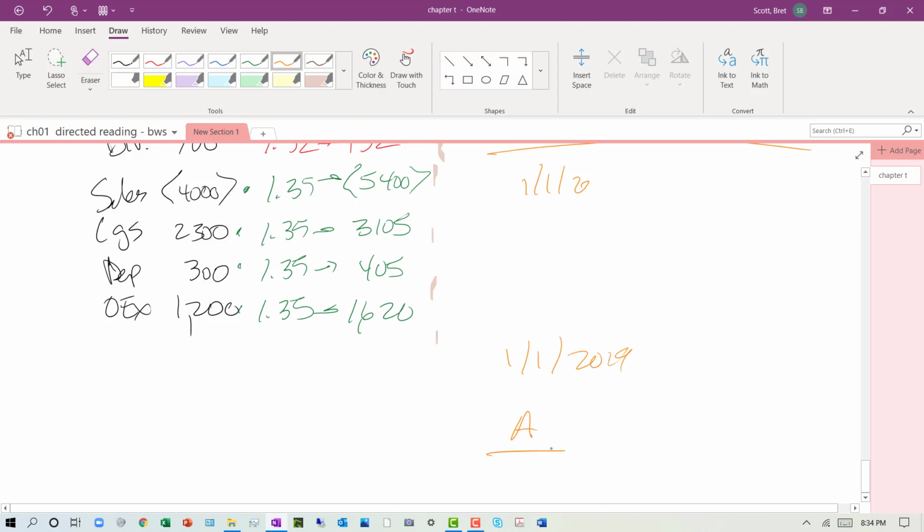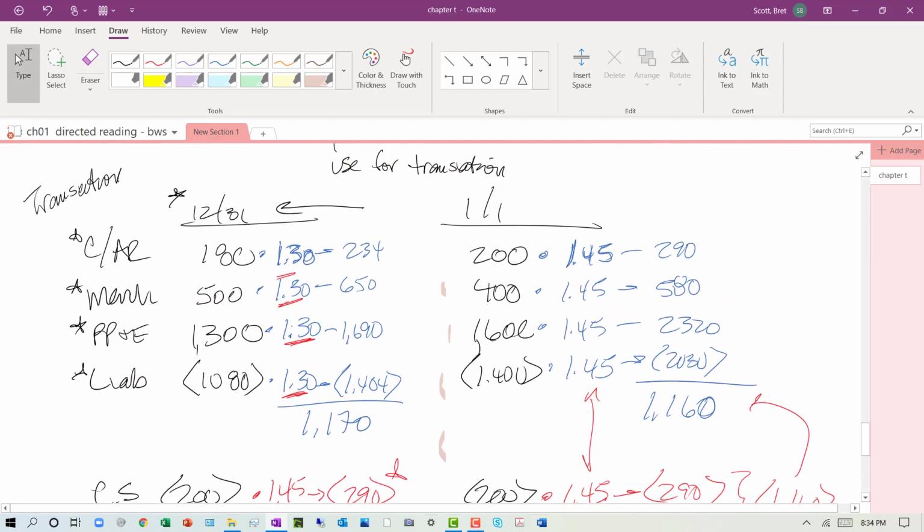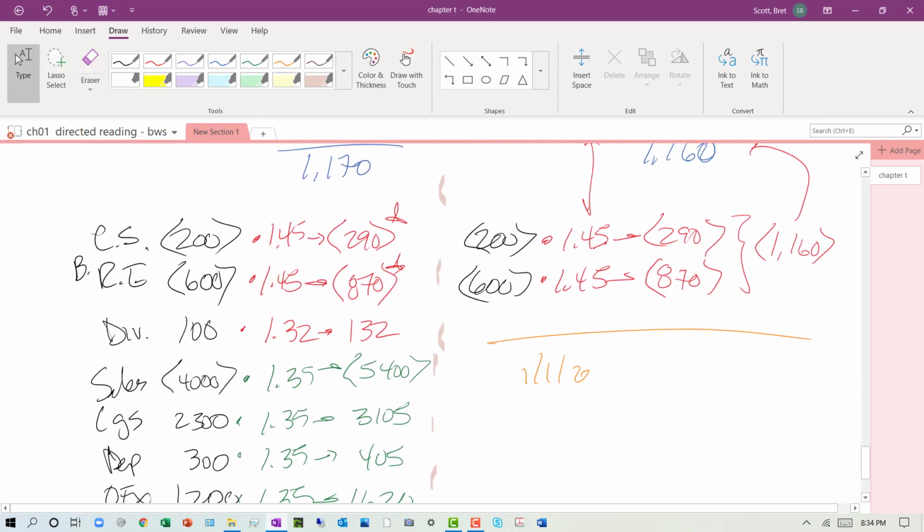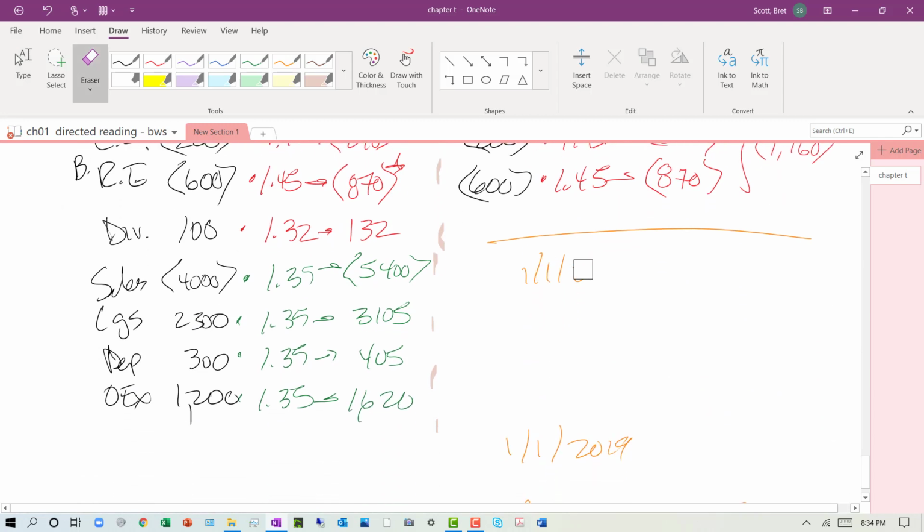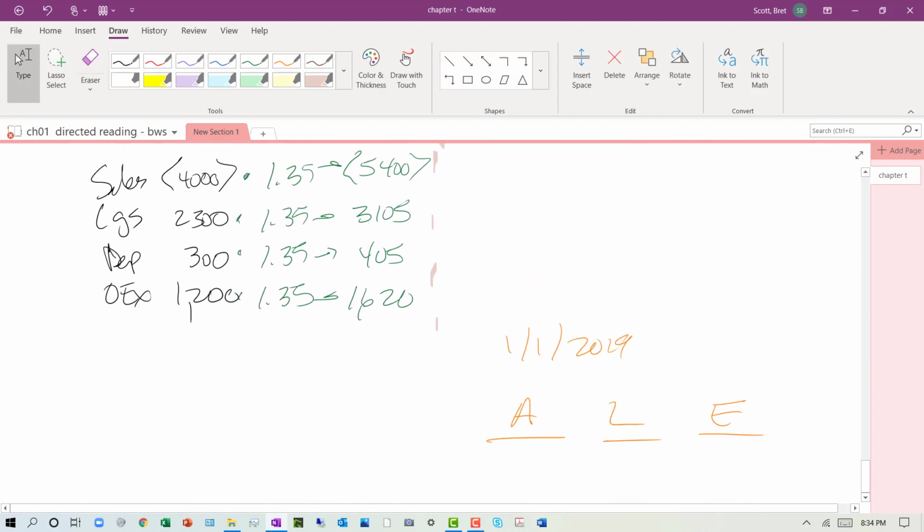The assets, we converted the assets and the liabilities in equity. Okay. So if I were to look at the sum of, let's see, here's my assets right here, if I sum those up, I get 3,190. Down below, 3,190.